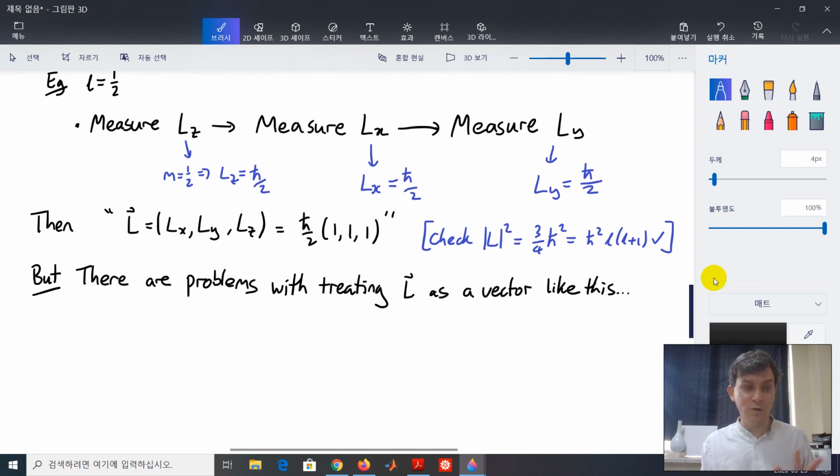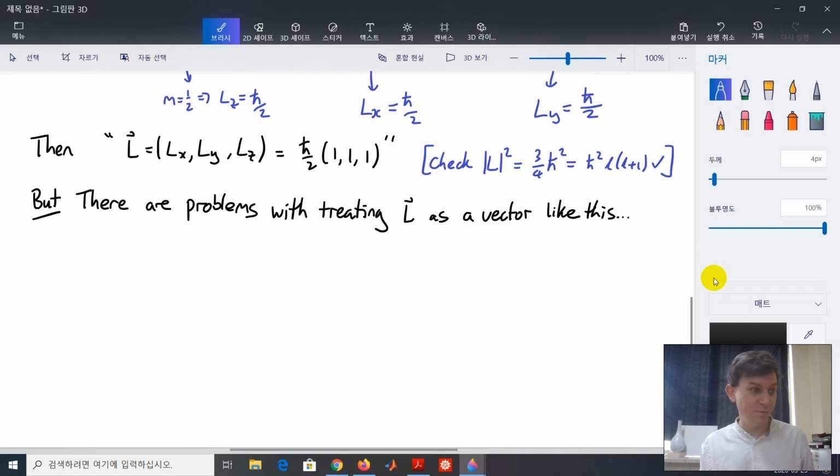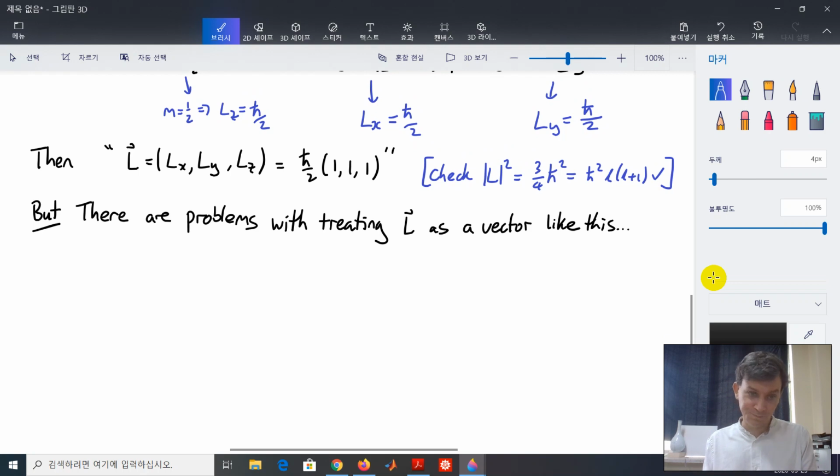So I'm going to give two examples of what the problems are. The first one is maybe easiest to understand. If we believe this equation here, we've discovered exactly the direction in which the angular momentum is pointing. So why don't we just do a Stern-Gerlach experiment oriented in exactly this direction?